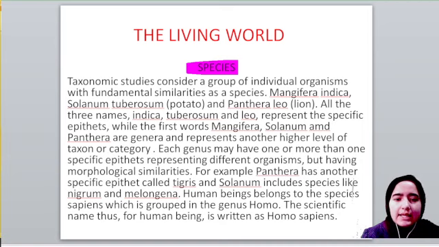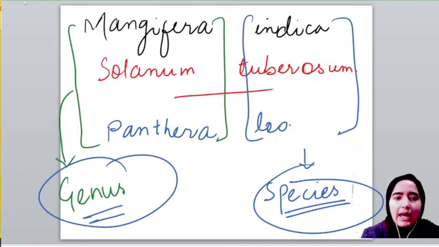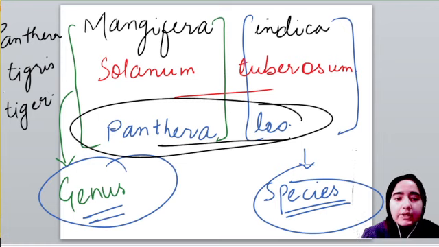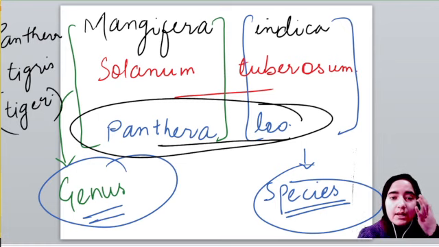Now you will see that each genus may have one or more than one species. Say for example, if we talk about Panthera leo, it means lion. Another example, we have Panthera tigris, which means tiger. Another we have Panthera pardus, which means leopard.